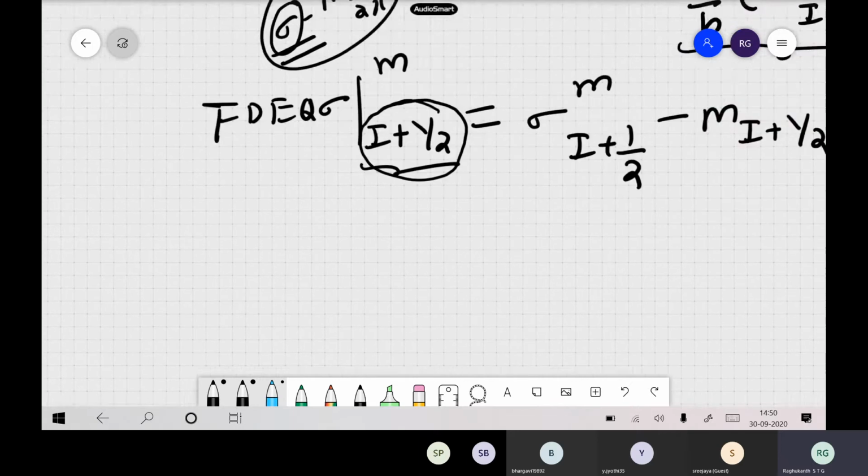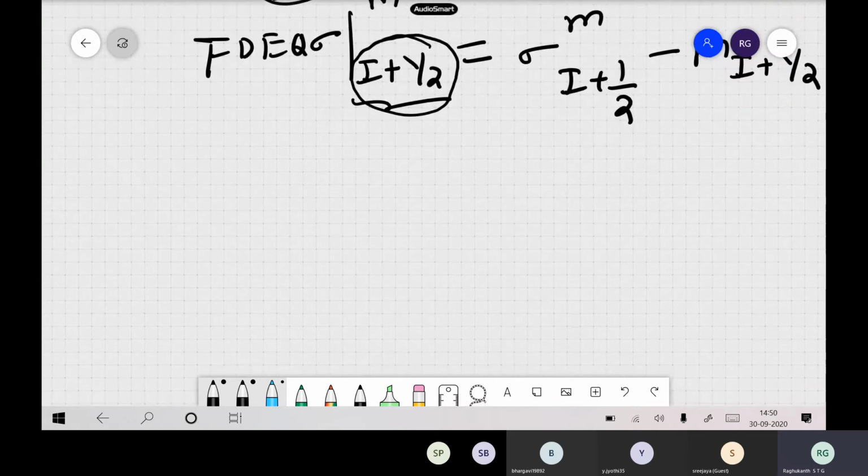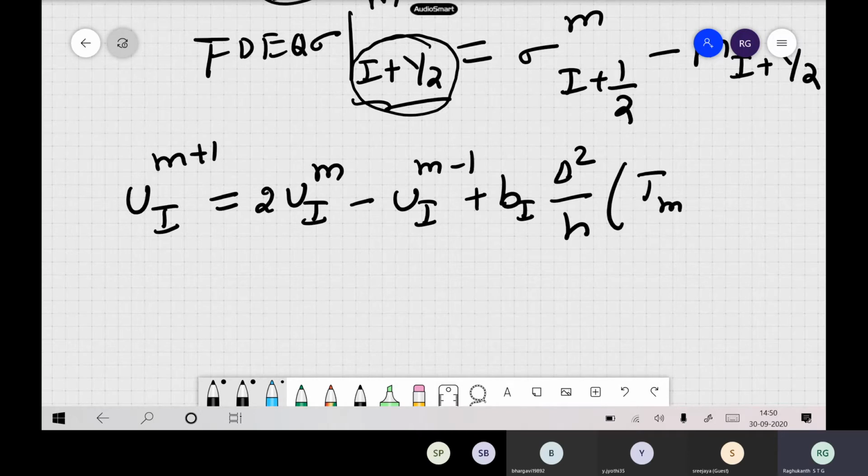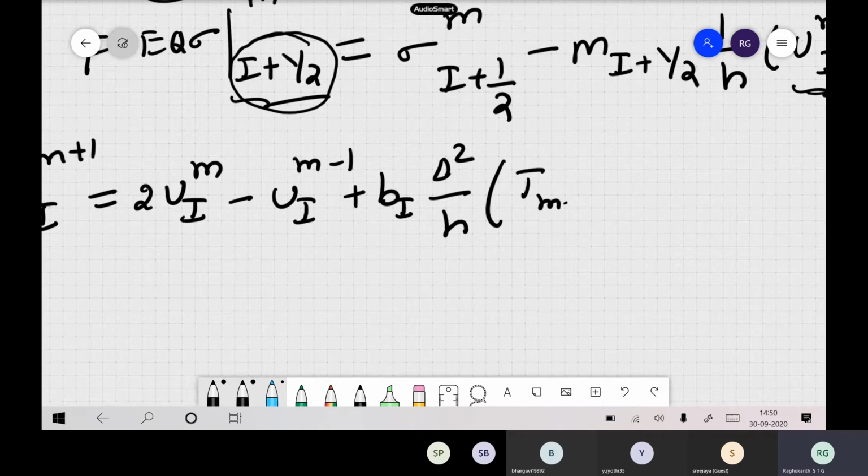So if you write these equations in a time marching scheme, you can write like this. The first equation: m plus 1, so this will be 2 ui m minus ui m minus 1, the first equation only, some b i delta t square by h, sorry, so instead of stress we are writing capital T, traction.